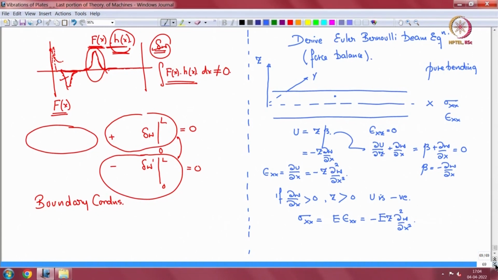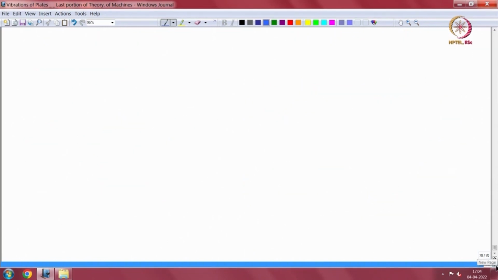Now the moment resultant. What is that? Mxx is equal to the integral from minus h by 2 to h by 2 of minus E z square del 2w by del x square dz.